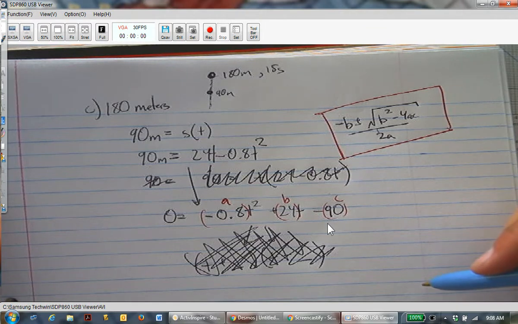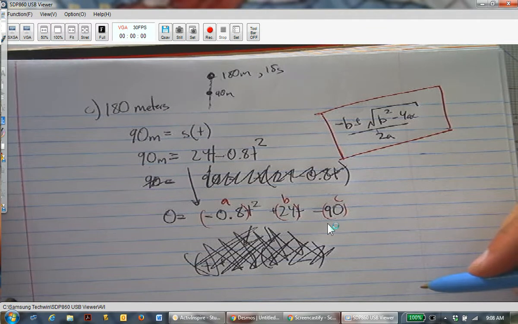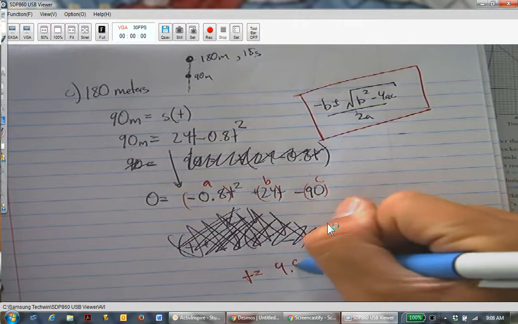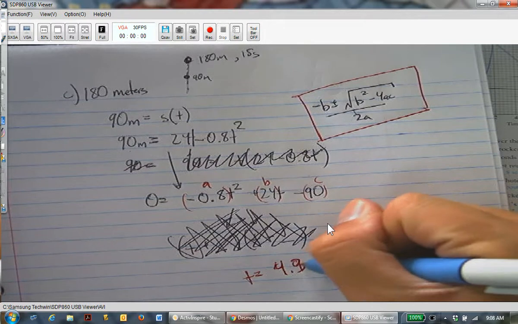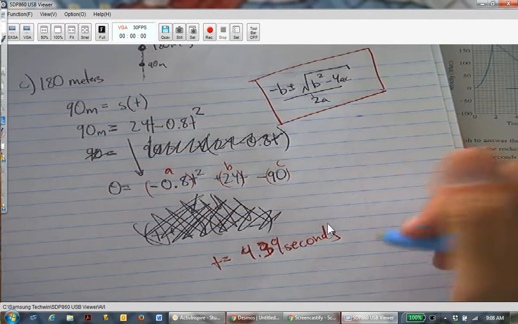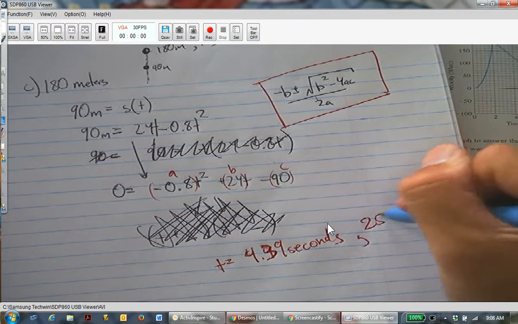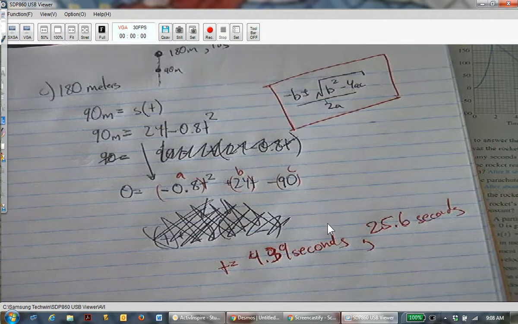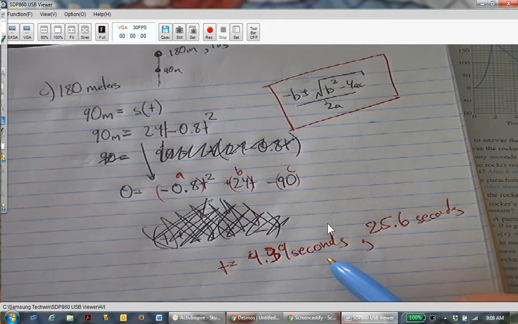Did anybody get the values for this problem? Yes, Christina. I got 4.39 seconds and 25.6. 4.39 seconds, and what else did you get? 25.6. 25.6 seconds. Okay, so what does the 4.39 seconds mean?